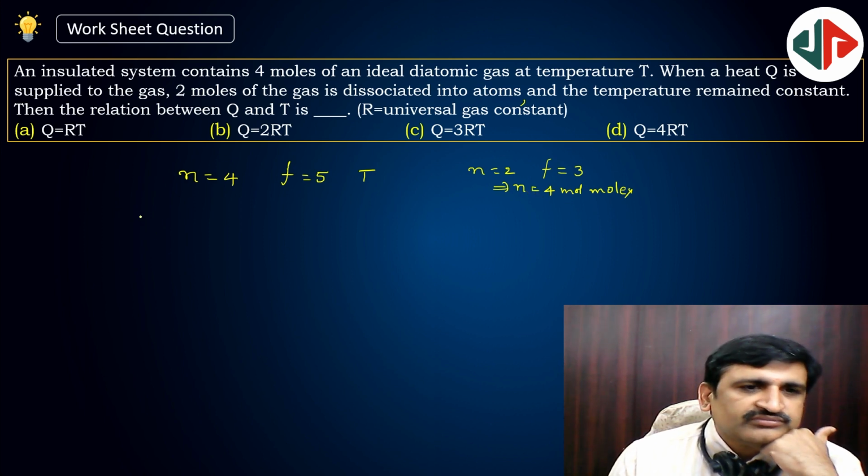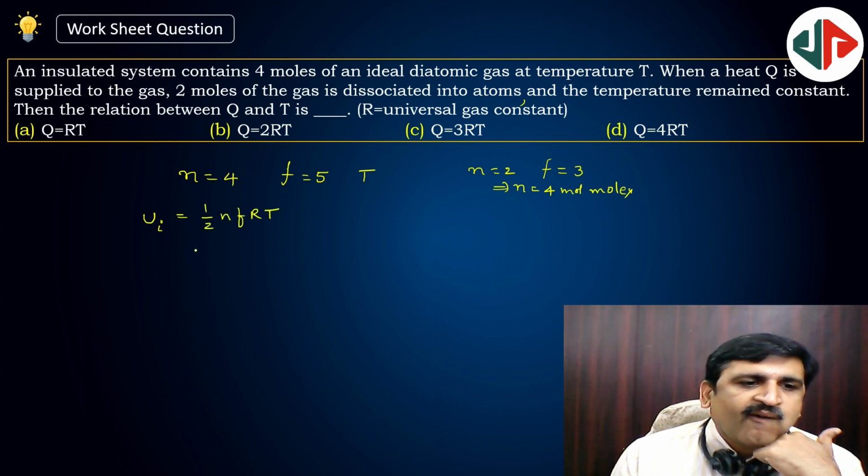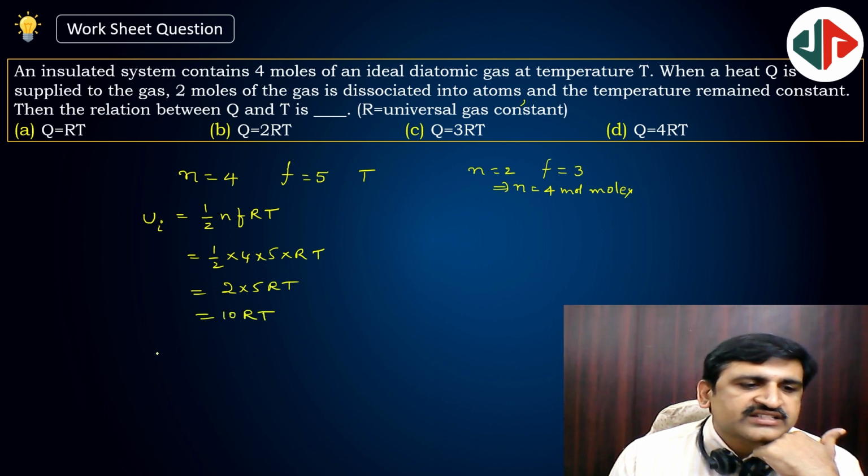See, the initial internal energy E_i is equal to half n f R T, half into 4 into 5 RT. So that is equal to 2 into 5 into RT, that is 10 RT. This is the initial energy. Finally, 4 moles of mono are there and the remaining 2 moles of di are there.